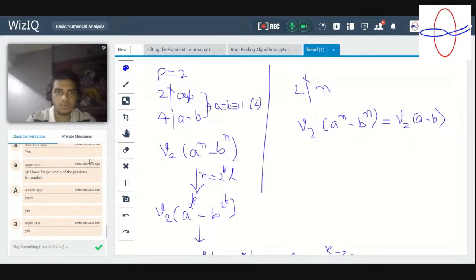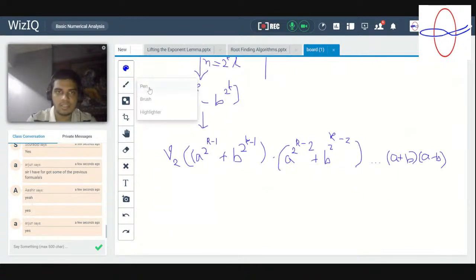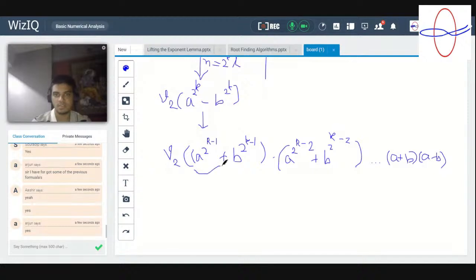Yeah, so just putting this back down here, that means a raised to 2 raised to anything will be congruent to 1 mod 4. So a raised to 2 raised to k is congruent to 1, b raised to 2 raised to k is congruent to 1. So this whole thing is congruent to 2 mod 4. And hence v2 of this number is exactly 1.